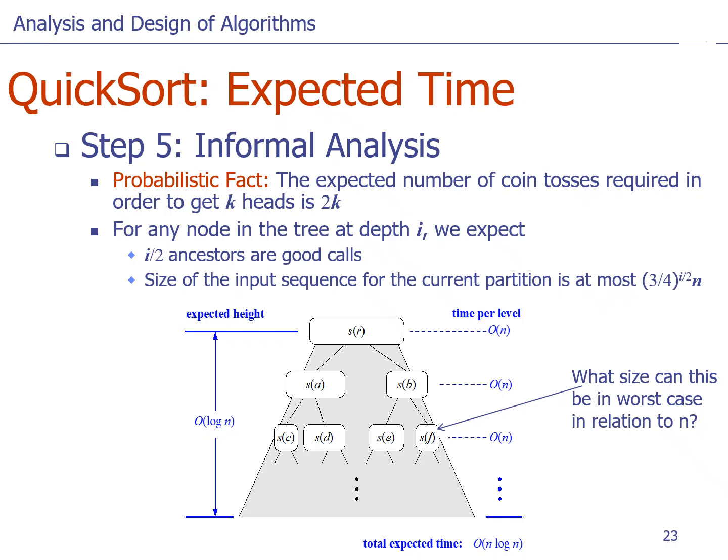Now, let me read the second point. It says, for any node in the tree at depth I, what do we expect? We are saying half the time we're getting good pivots, and half the time we're getting bad pivots. So for any specific node, anywhere you pick in the tree, which tree am I referring to here? I'm referring to the tree of sorting the array.